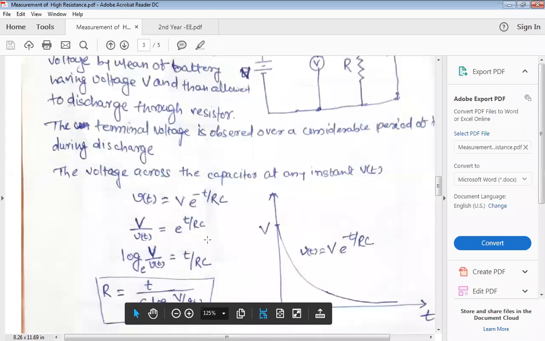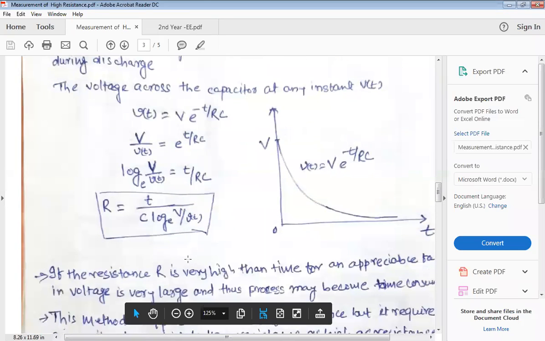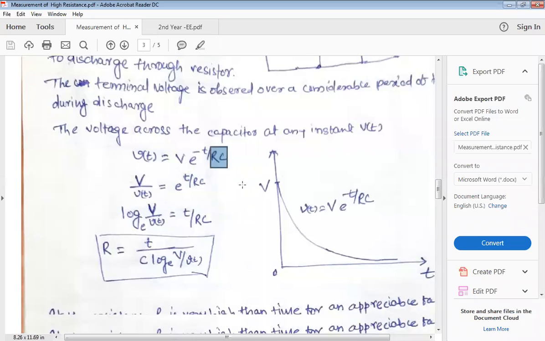If you solve this expression, then R is equal to t divided by C into log e of capital V by small v. So in this method you can measure high resistance. What is RC? RC is called the time constant of the RC circuit.